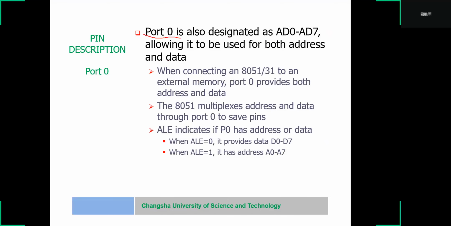Port 0 is designated as AD0 to AD7. A is address, D is data, used for both address and data. When connecting an 8051 or 8031 to an external memory, port 0 provides both address and data. The 8051 multiplexes address and data through port 0 to save pins.